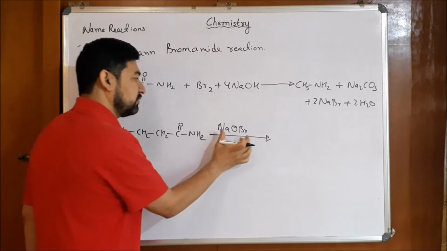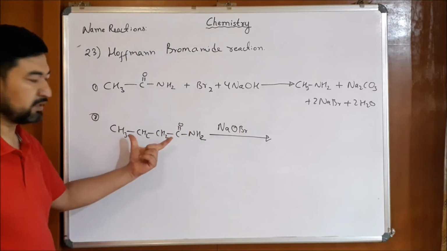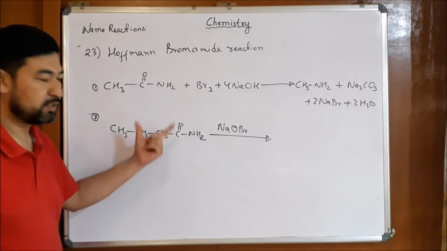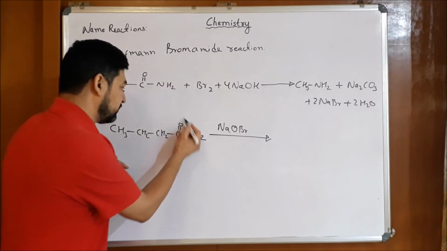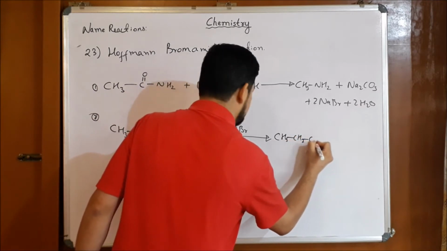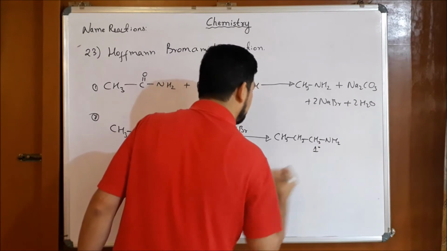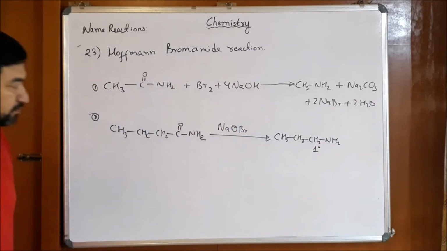When these two react, one of the products formed reacts with this amide. You have to remove this carbonyl group, so your product will be CH3CH2NH2. Remember, this is your primary amine.